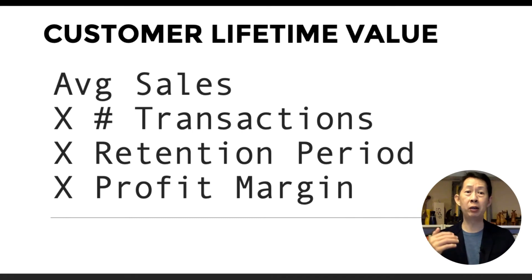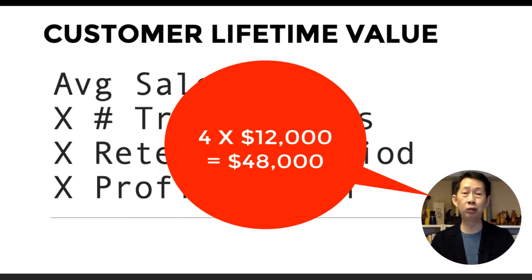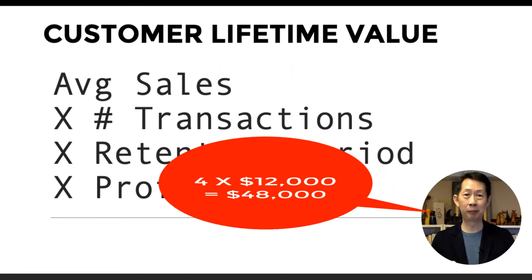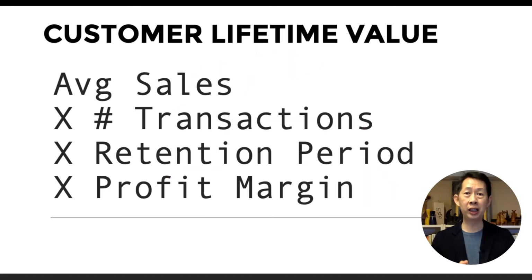And you know that these customers usually stay with you around 3 to 5 years. So let's take 4. 4 years times your 12,000 gives you 48,000. And your profit margin, let's say for example, is 20%.